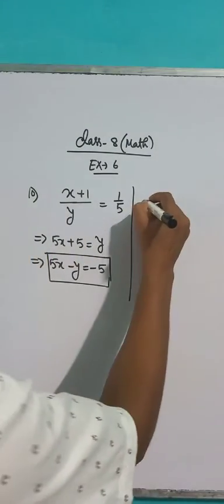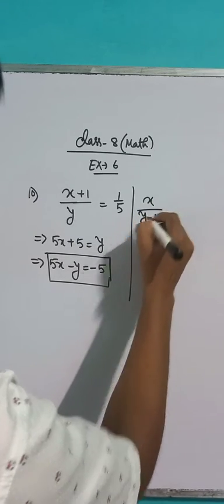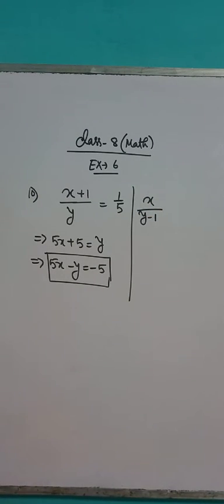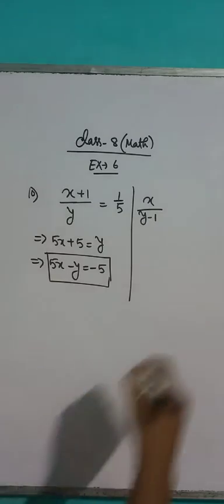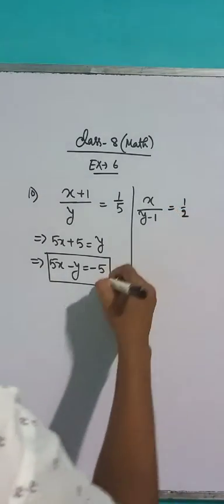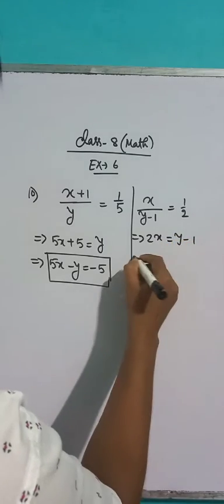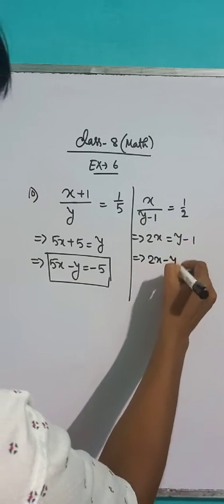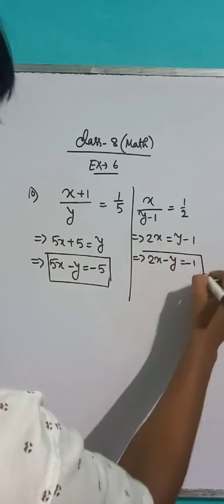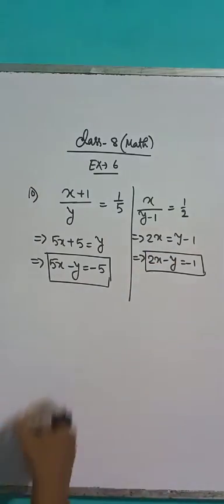Next, if 1 is taken from the denominator, the fraction becomes equal to half. Now again do the cross multiplication. 2x is y minus 1, so 2x minus y is equal to minus 1. Now solve these two parts.